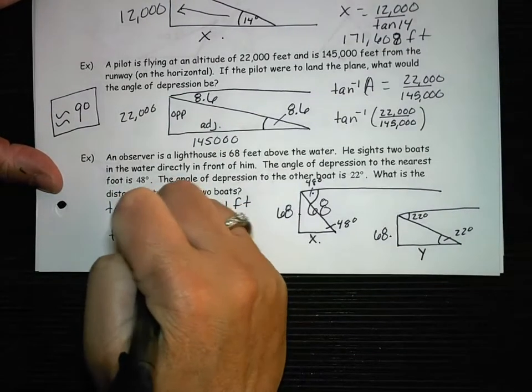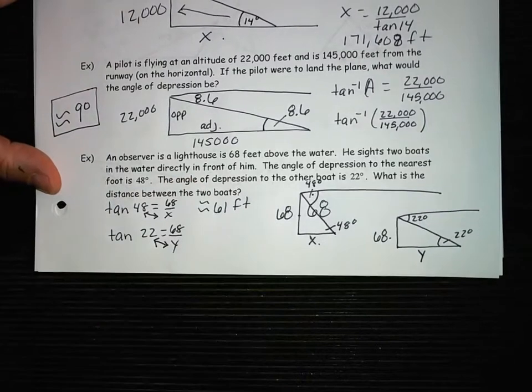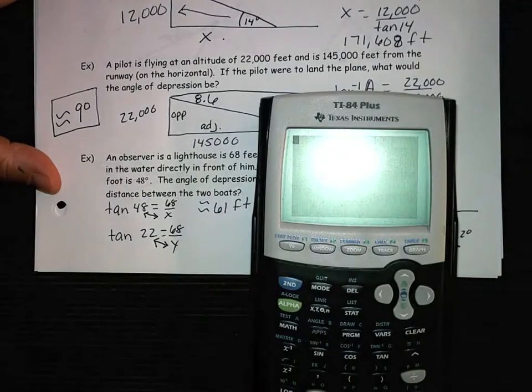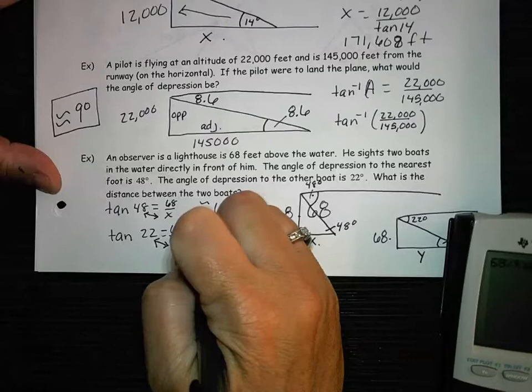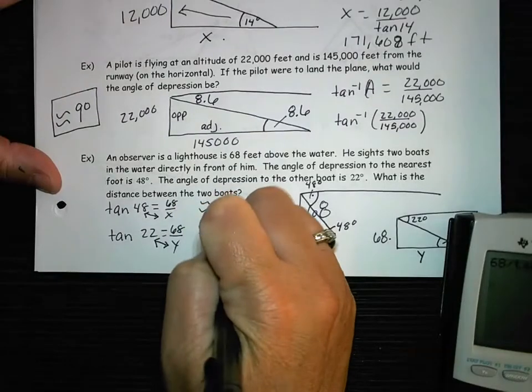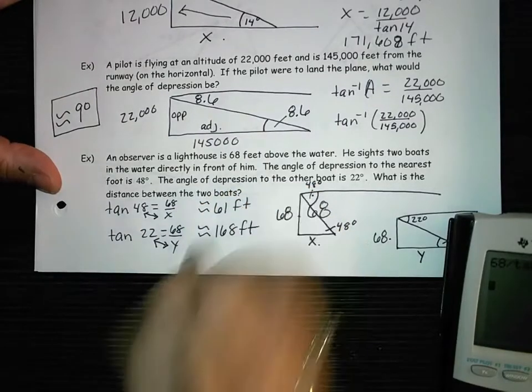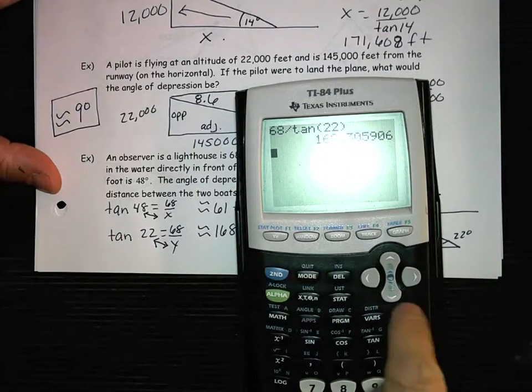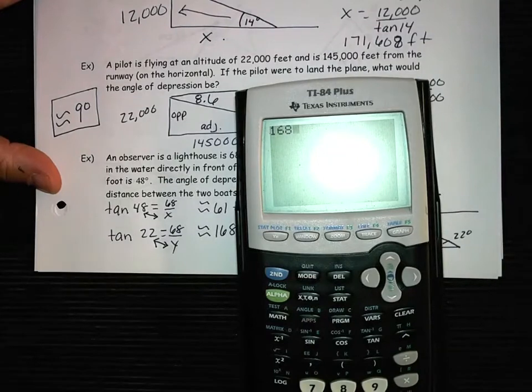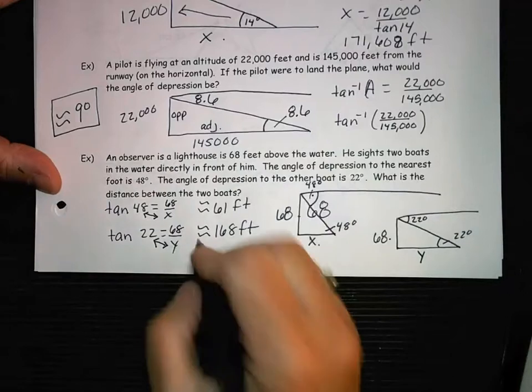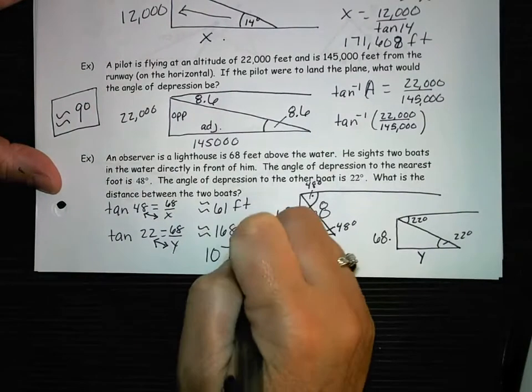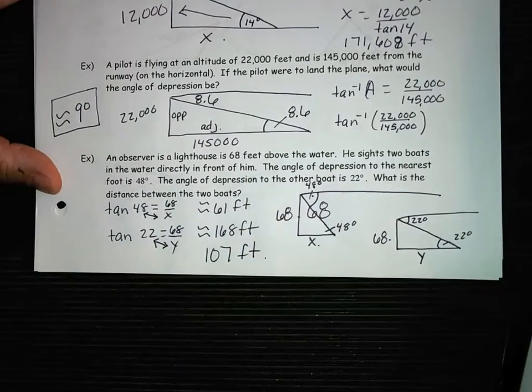To solve that, you switch those two and divide. 68 divided by tangent of 22 is roughly 168 feet. And then to find out how far apart they are, 168 minus 61 is 107 feet.